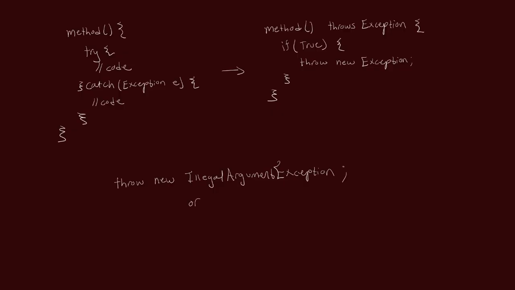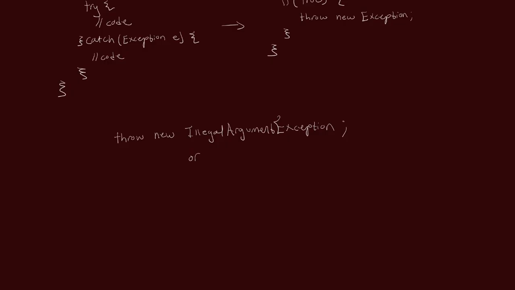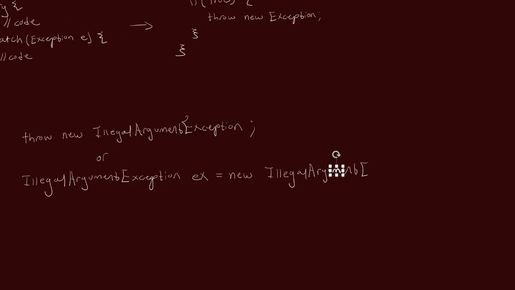Or what you can do is do an illegal argument exception, and so let's do ex is equal to new illegal argument exception.